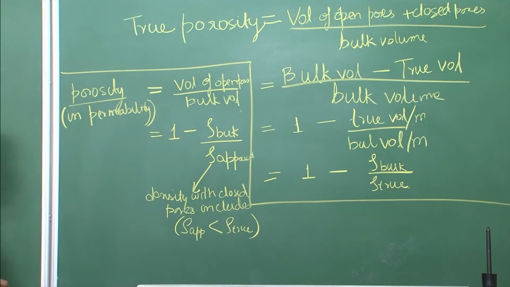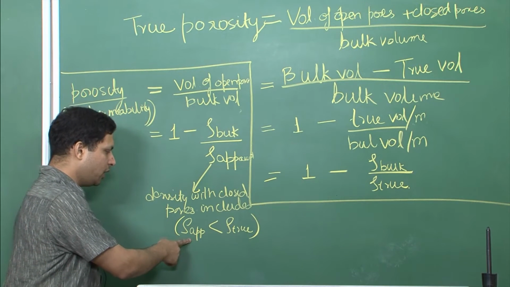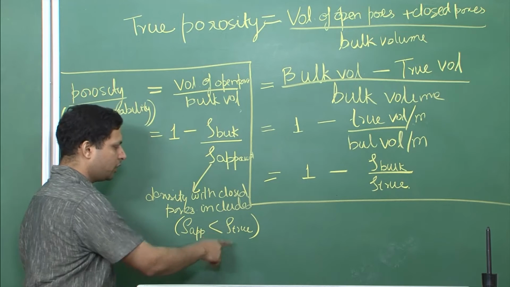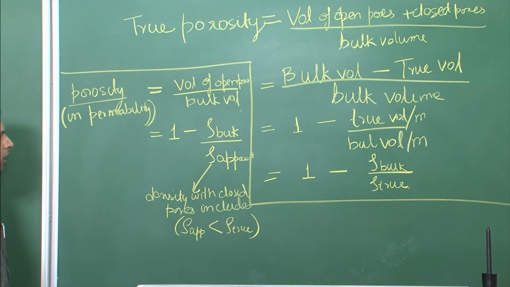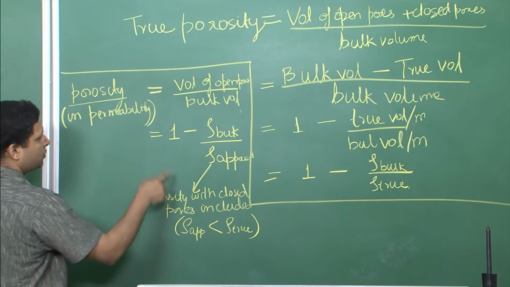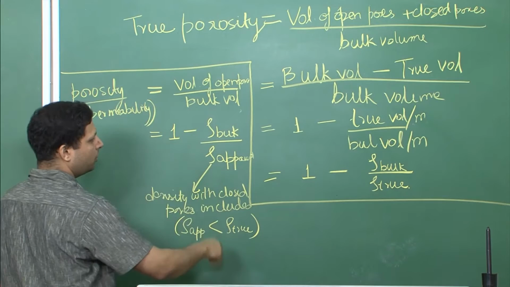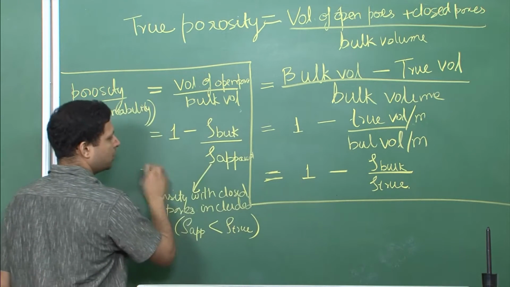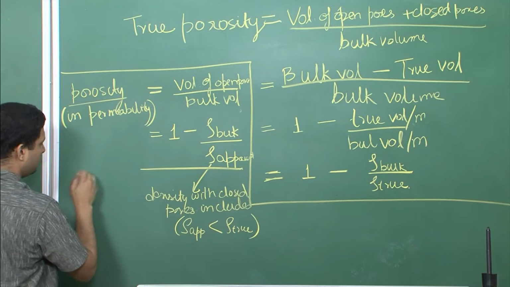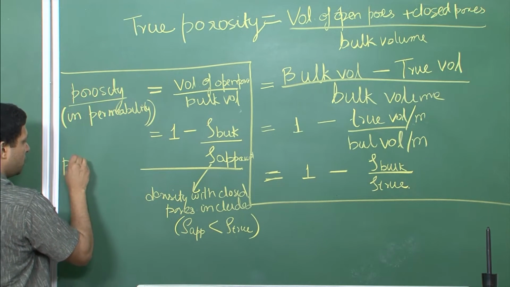because the denominator, which is mass by volume, is larger here, and therefore this becomes a smaller quantity. Overall, if you look at the whole term and compare it with the true porosity, this is a larger value.